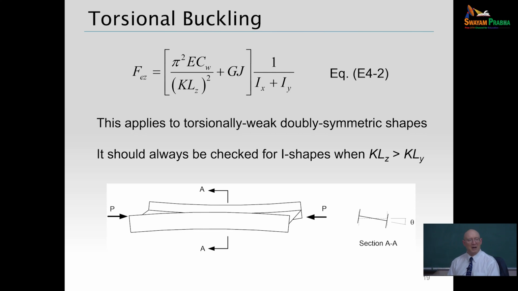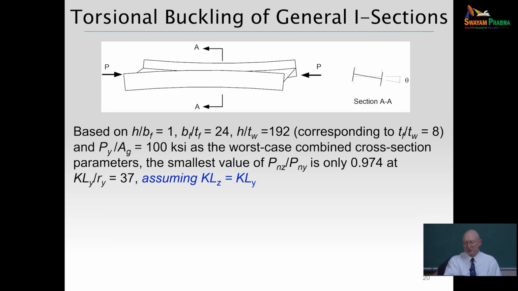So that would be the type of situation where we have to attend to torsional buckling. And this is just a slide to illustrate, if we do some parameter studies and play with all the various dimensions to get a feel for the worst case situation, when we might have a torsional buckling issue if KLZ is equal to KLY.